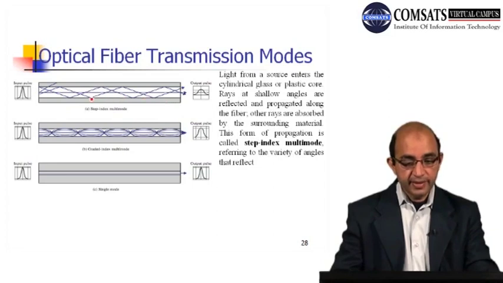Rays at shallow angles are reflected and propagated, so you can see that these are being reflected and propagated along the fiber, while the other rays are being absorbed by the surrounding material. This form of propagation is called step index multimode.